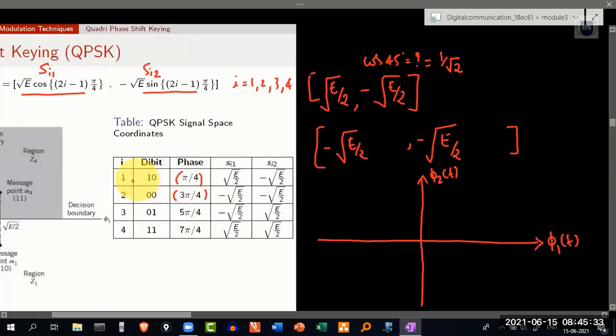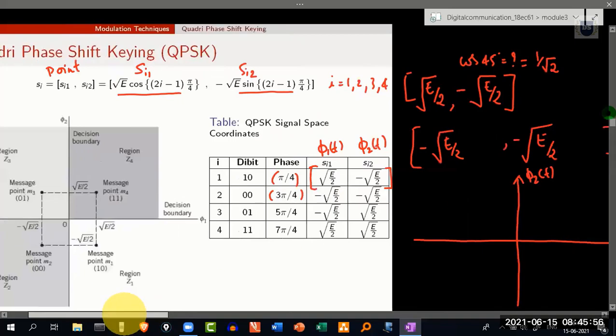For my first I value, where I equals 1, I have these 2 points, where SI1 is associated with phi1 of t and SI2 is associated with phi2 of t.